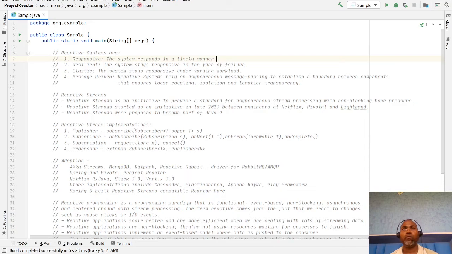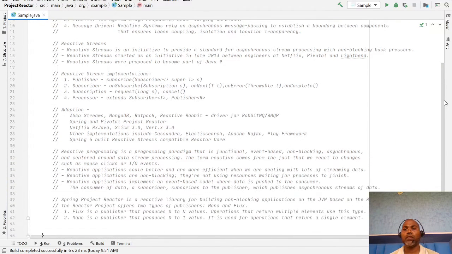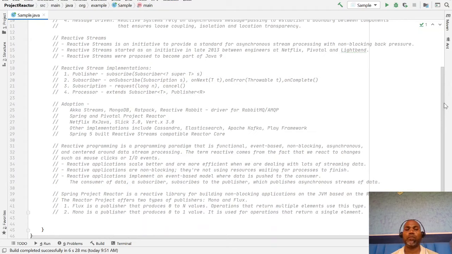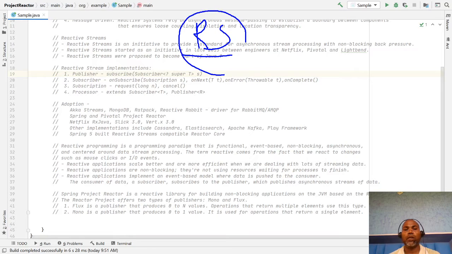So till now we have discussed reactive systems and the reactive stream specification. For this specification, if someone is going to implement it, they follow a programming paradigm. For reactive systems, we know it as reactive programming.